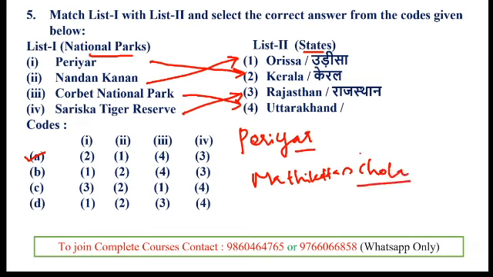So the Chola and the yar show that the particular national park is located in Kerala. Clear. And you can also take other short tricks to remember the national parks and their located states. Clear. So the answer for this question is option A.